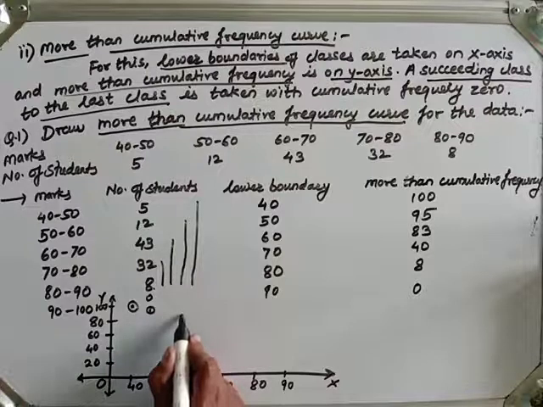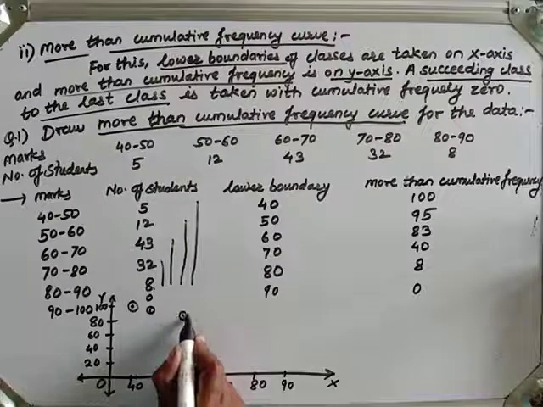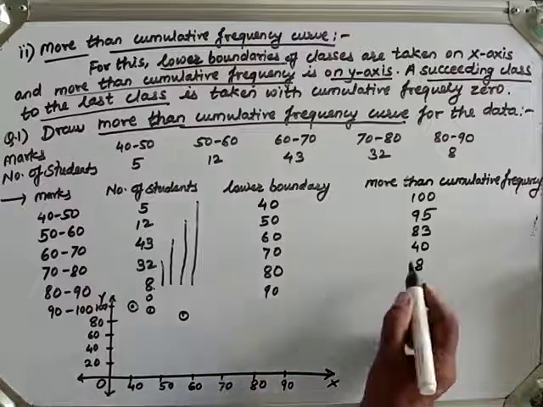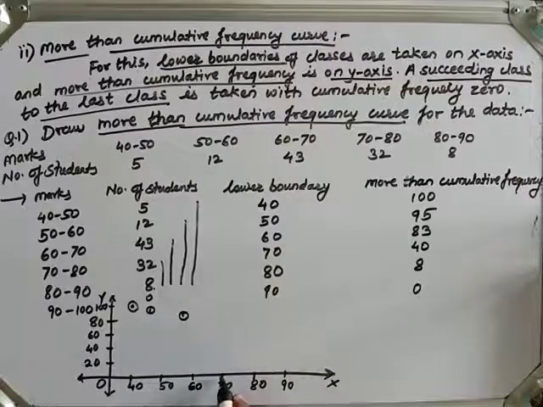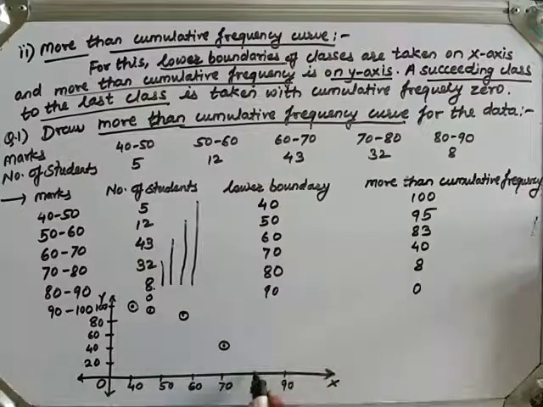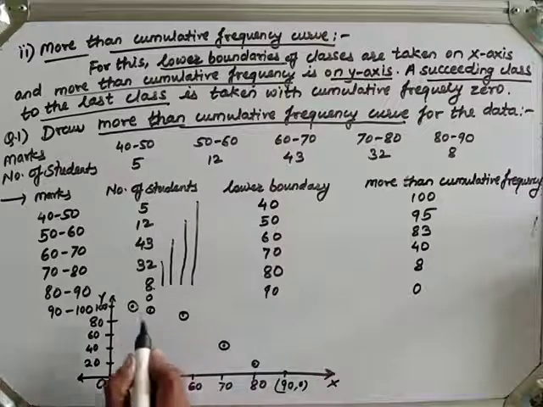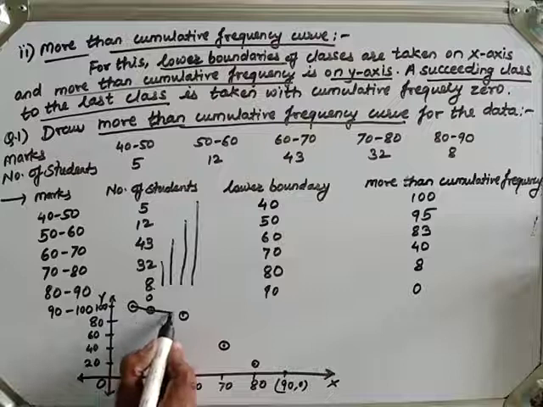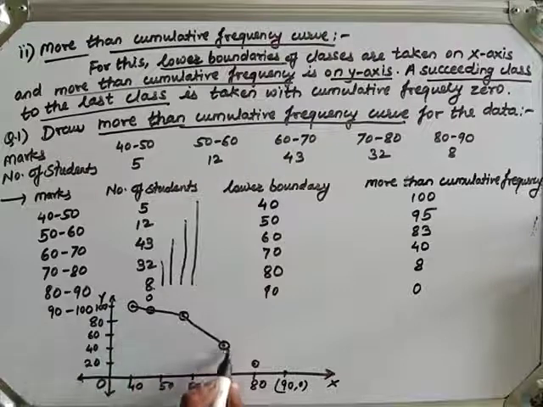Then 70, 40, so it will be here suppose. And the last one 90, 0, suppose it is here.